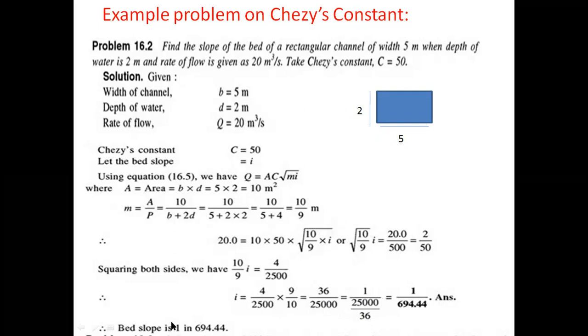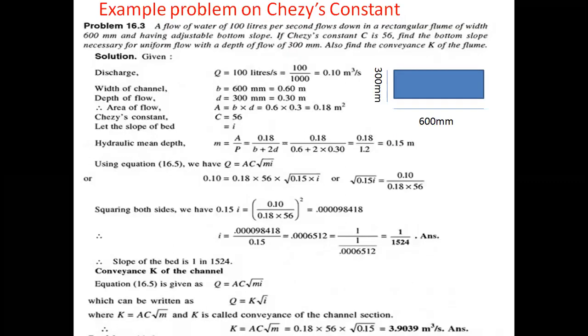Now the bed slope I value is 1 in 694.44. 1 in 694.44 means we write it as a fraction, 1 by 694.44. This is the problem on the Chezy constant.